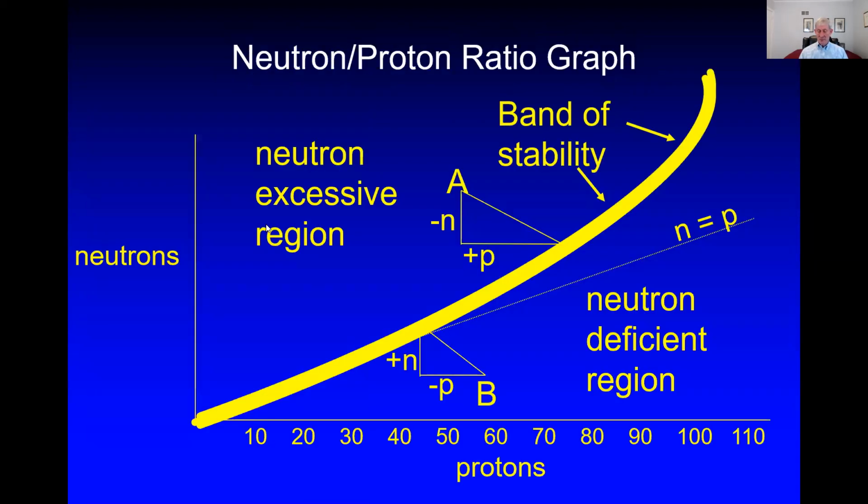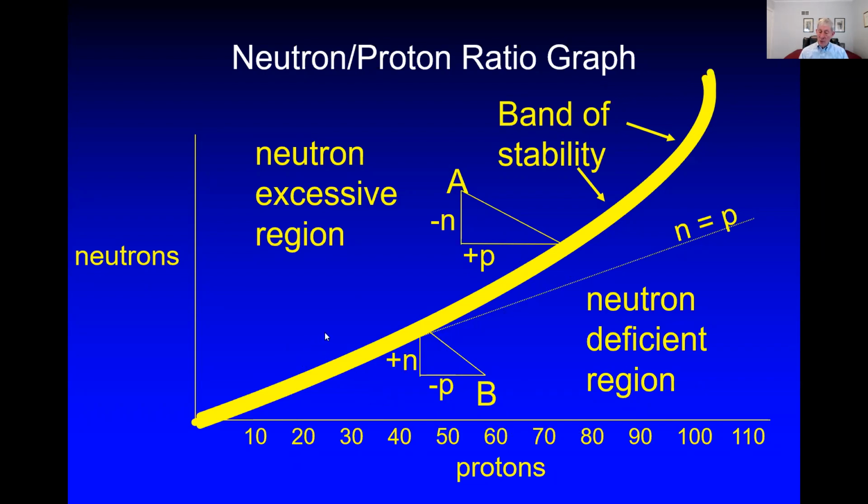Let me just see if I skipped anything. I don't think so. So if you get a question that says, what's the trend of this curve? It just increases, the number of neutrons increases somewhat greater than the number of protons. What that means is you go from number 20 to number 40 to number 60 to 80 to 100.